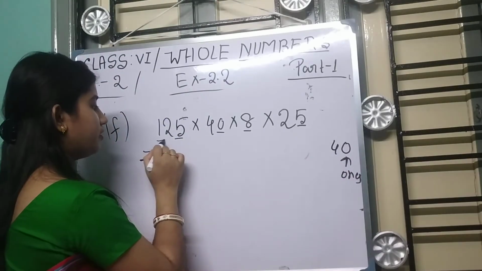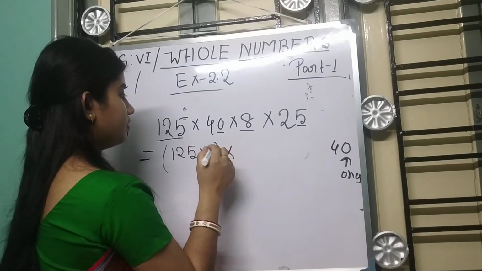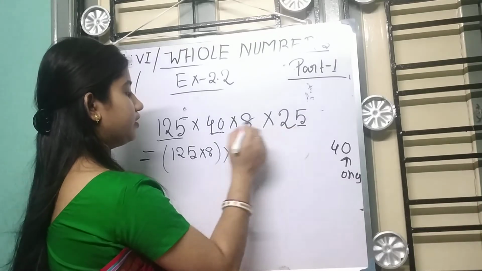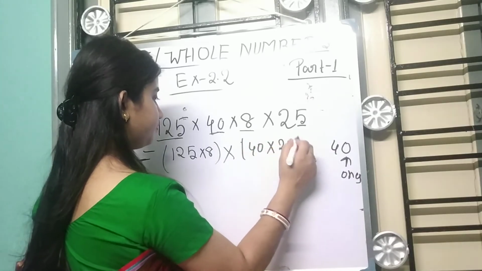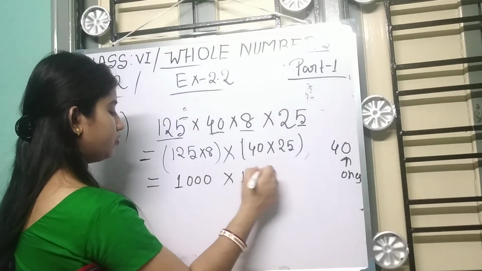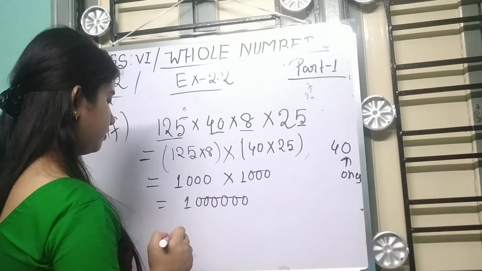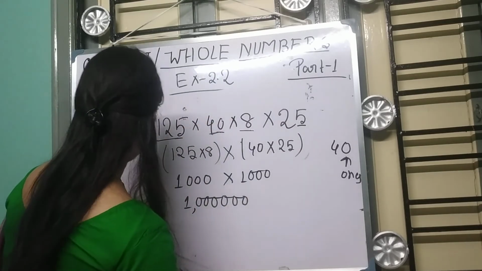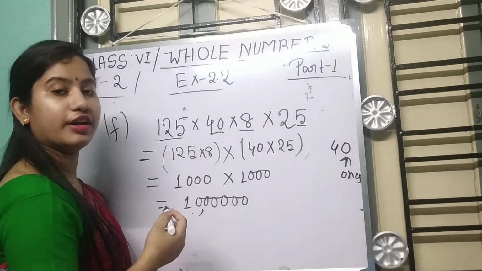So first we multiply 125 into 8. And next we multiply 40 into 25, because if we multiply 40 by 25, then we get 0 in the ones place. 40 into 25 is 1000, and this is also 1000. So the product value is 10 lakh.